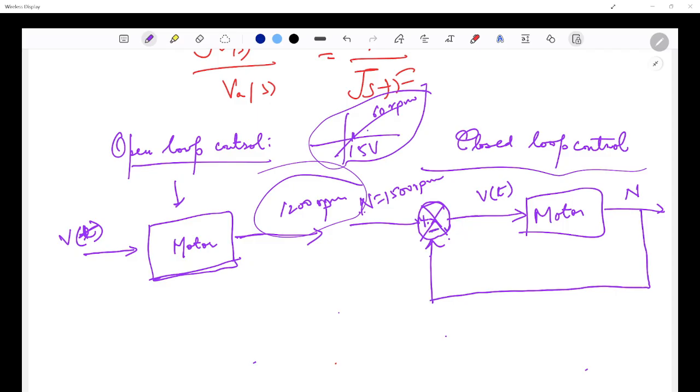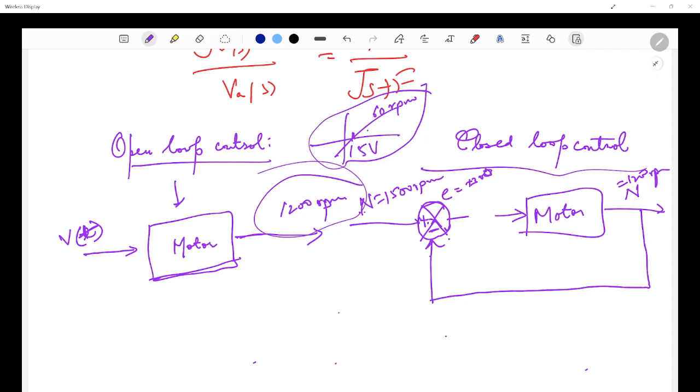Both of these combined give me the error. Let's say I am getting the speed to be 1200 rpm currently. If I subtract 1500 minus 1200, I get an error of plus 300. Now I need to take some corrective action based on this error of 300.